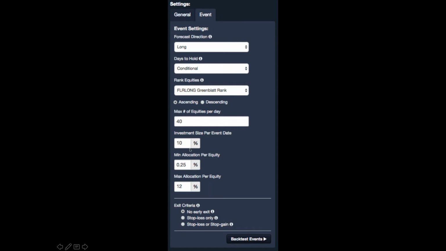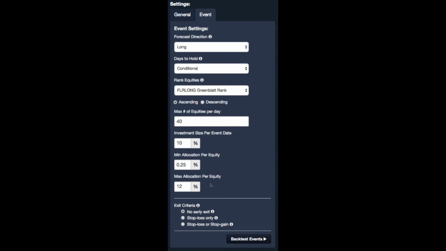And on each day, what percent of your portfolio will you allocate to them? What's the minimum you would allocate to any equity, and what's the maximum? So a lot of different factors there, and with QuantDesk, you can test different ones and see what sorts of different results you get, and we'll show you those in just a moment.